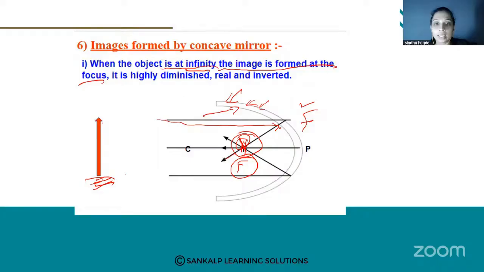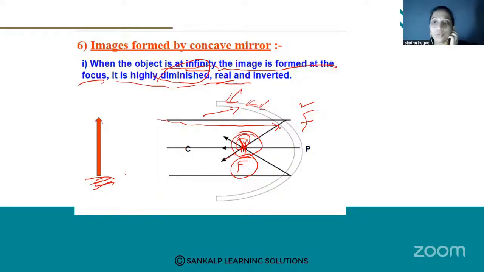But how is the image formed here? What are the characteristics of the image formed here? This image is highly diminished. We all know the types of image formation, whether real or virtual images, right?